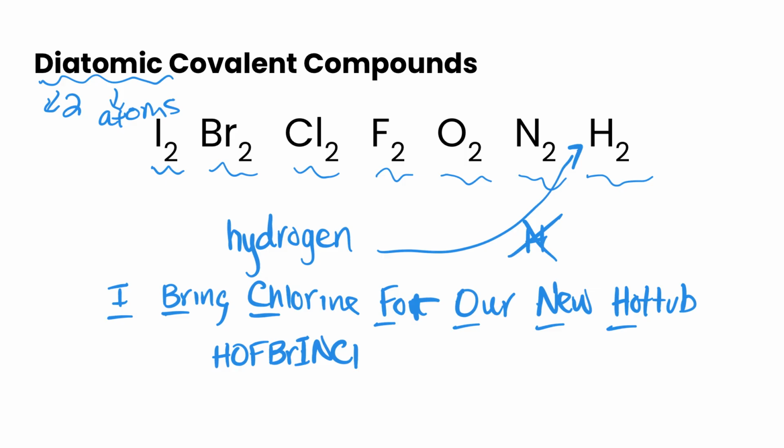And then if you really want to get crazy, the other one is have no fear for ice cold beer. I will leave that one with you. So you can pick whichever saying makes sense for you to remember your diatomic covalent compounds. So that is our naming and our chemical formulas for simple binary covalent compounds. That's it for this video then. We'll see you in the next one.